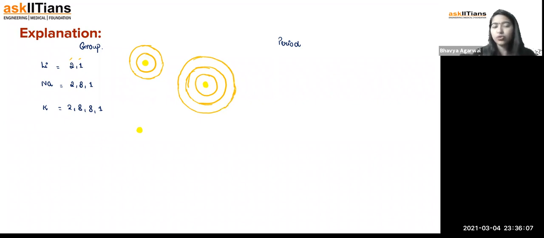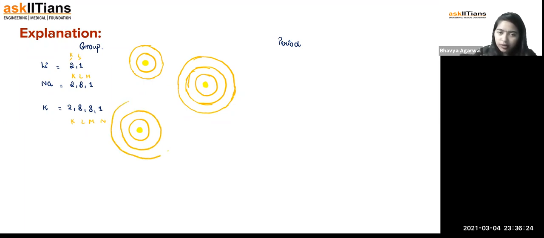There are 3 shells total. KLM. Right. Now here, KLMN. So your first shell, your second shell, your third shell, and then there will be a fourth shell too.